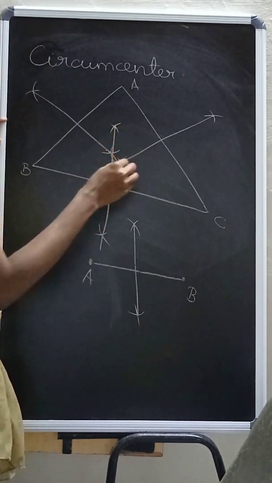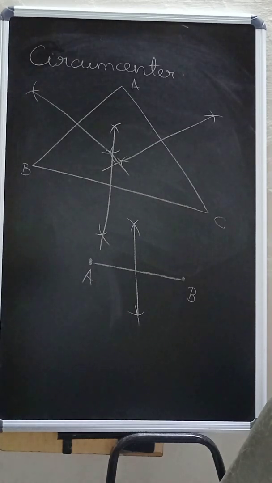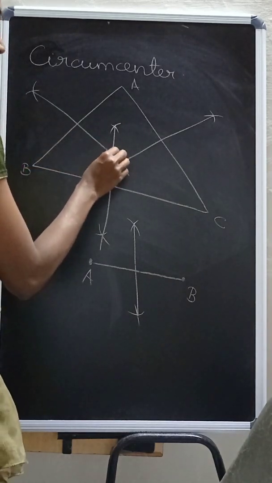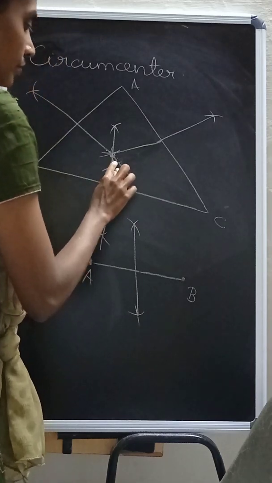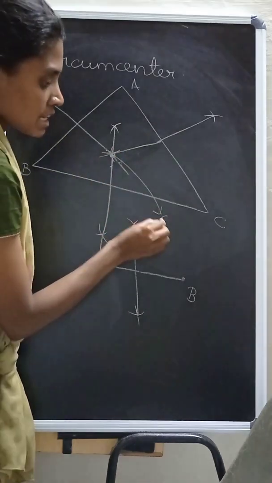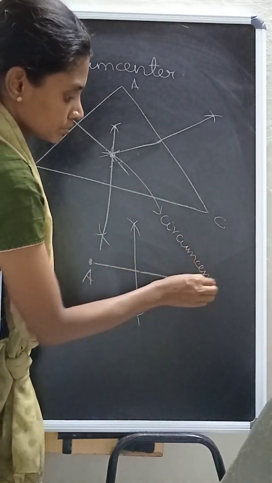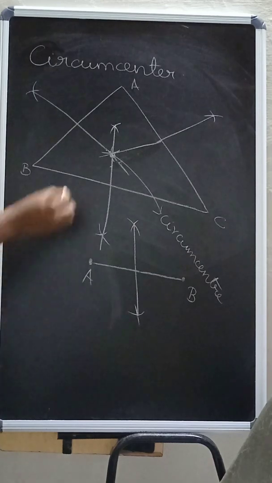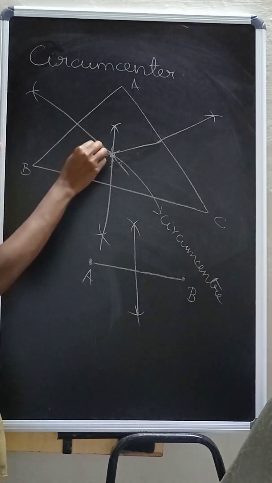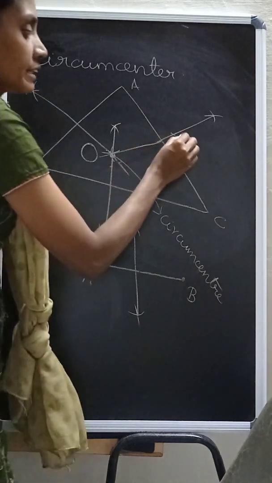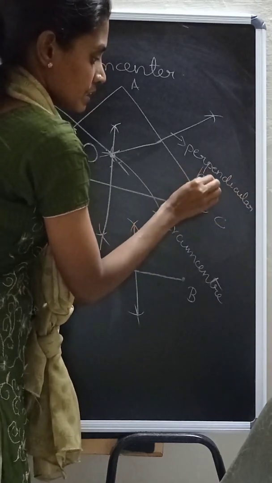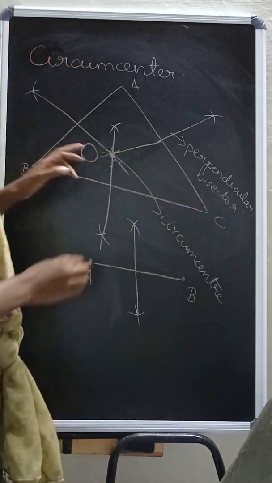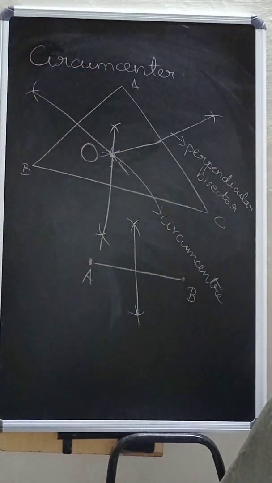Now these three perpendicular bisectors will definitely meet at a point, and that point is called the circumcenter, and it is denoted by the letter O. Now the three perpendicular bisectors meet at a point that is denoted by the letter O is called the circumcenter of the triangle.